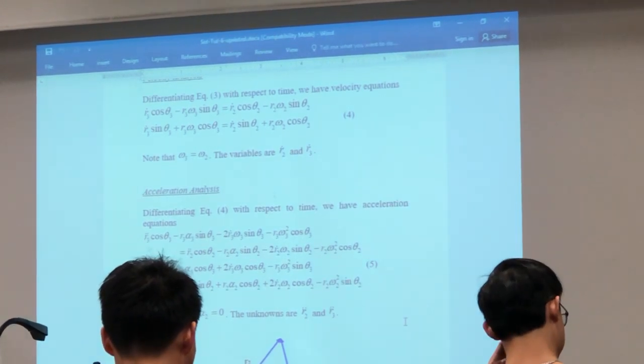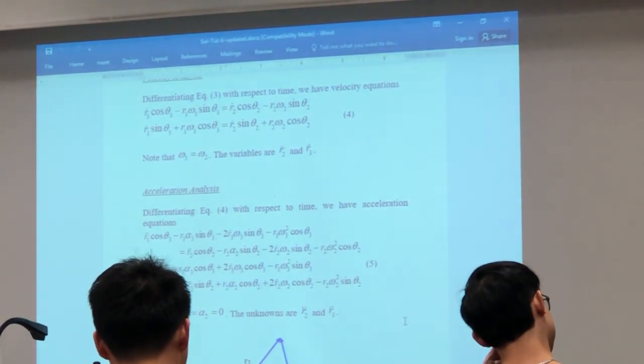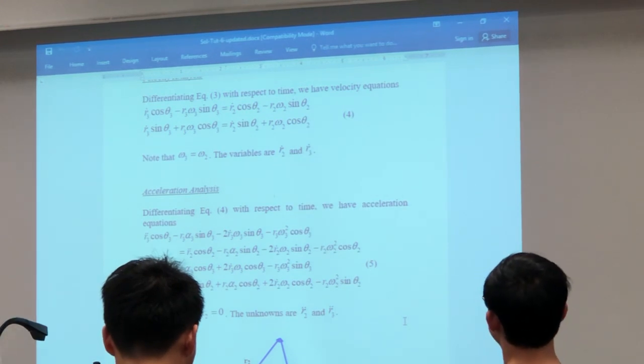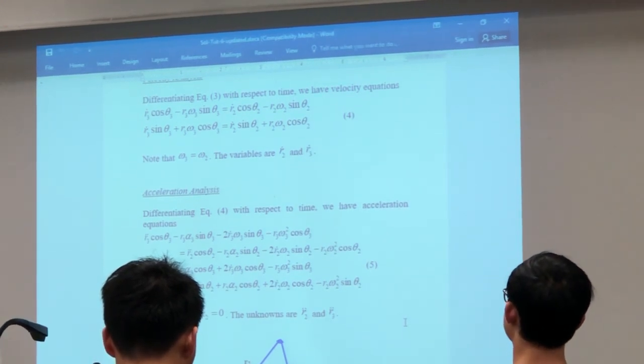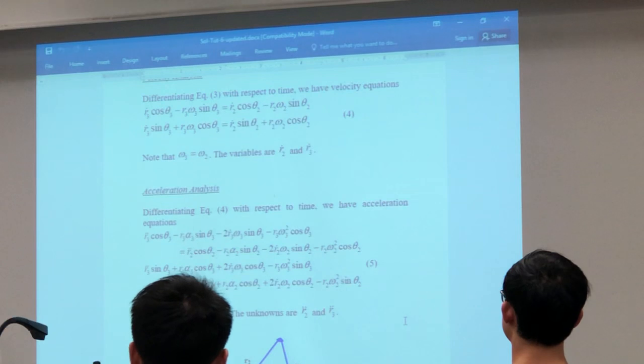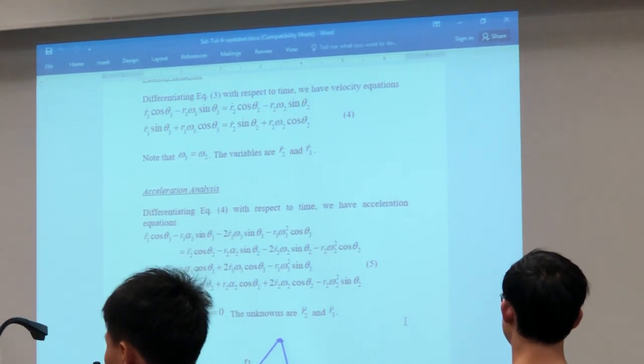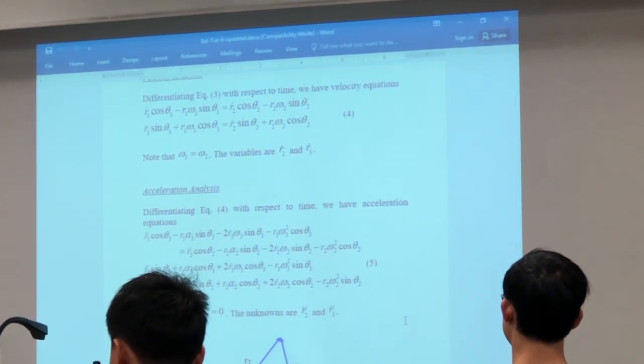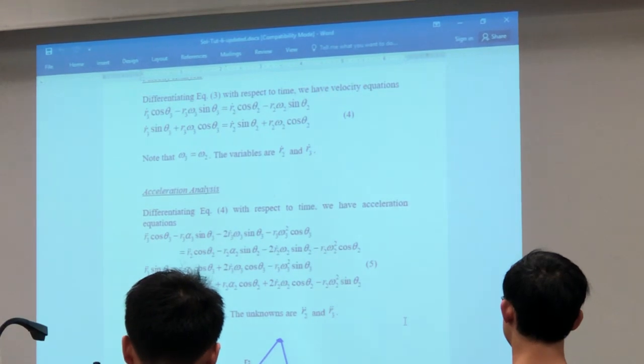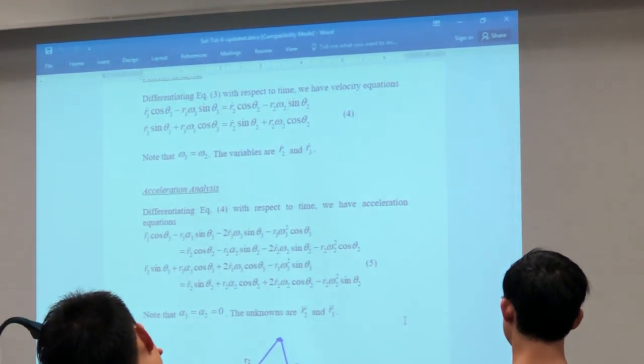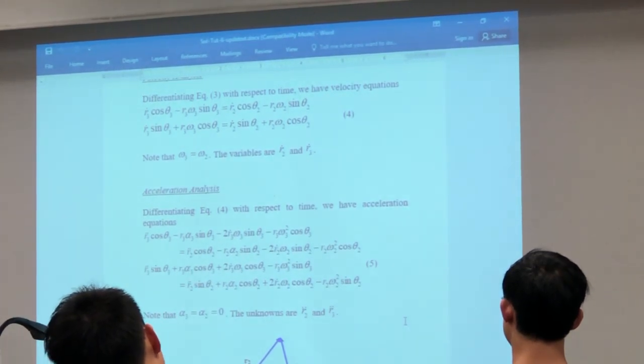Okay. So basically, this is a mathematical method, or we call it the analytical method, to do the kinematics analysis. To do the position analysis, velocity analysis, acceleration analysis, we use the analytical method. You solve the equation, right?